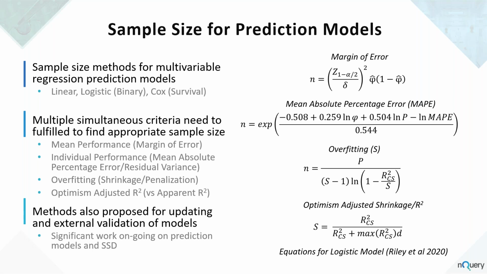Now, to be clear, we're focusing here on prediction models that use more traditional multivariable GLM regression type models. So linear, logistic if you're talking about binary data, Cox if we're talking about survival, your standard tools that you're familiar with in statistics. But rather than using these for p-values and inference, although obviously you can still do that if you want to, we're focusing here on their performance in terms of outputting a probability of survival, a probability of being diseased, or a score like their weight.